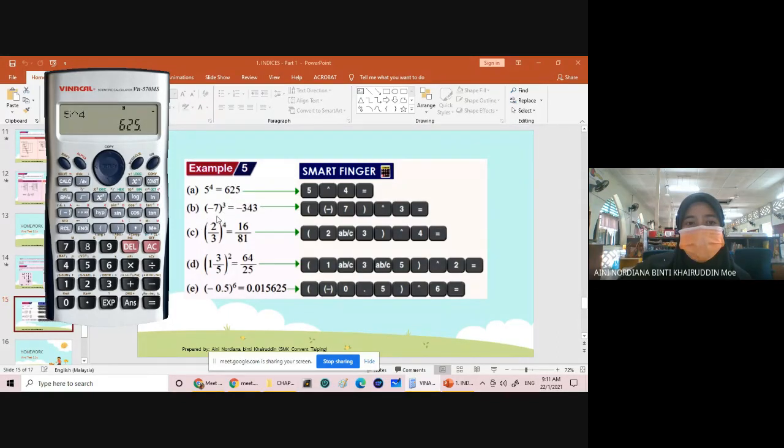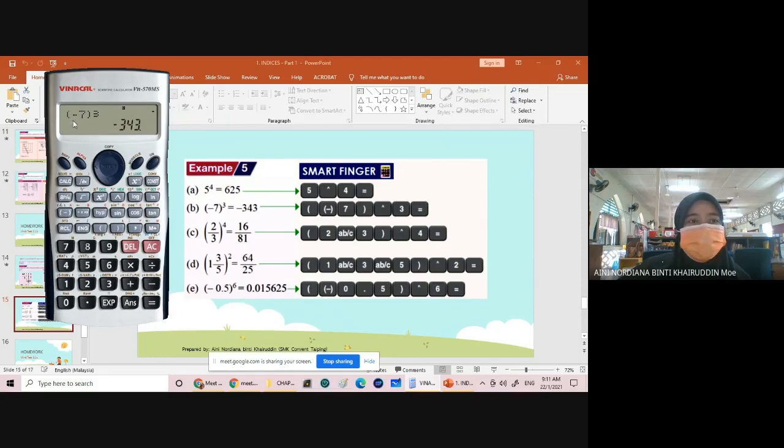If you want to calculate the value of negative 7 cubed, just follow the question: bracket, negative number must be put in bracket, negative 7, close bracket. You can use this button or you can use shift x squared. It will give the same answer, negative 343.